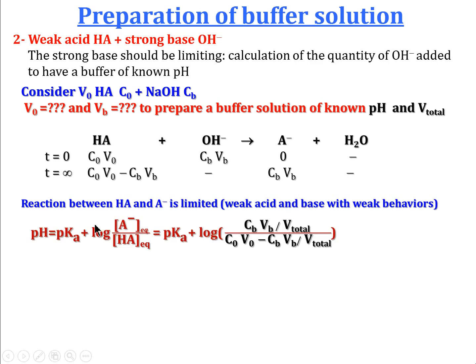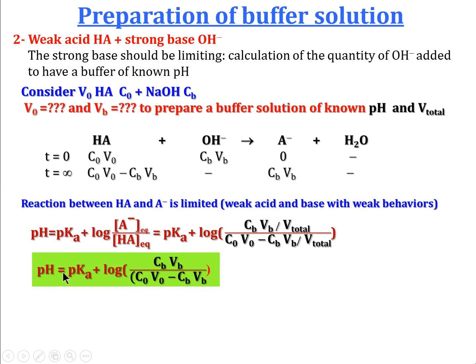For pH, we apply Henderson: pH equals pKa plus log of A- at equilibrium divided by HA, which equals pKa plus log of Cb Vb divided by V total, divided by C0 V0 minus Cb Vb divided by V total. So the pH is equal to pKa plus log of Cb Vb divided by C0 V0 minus Cb Vb.